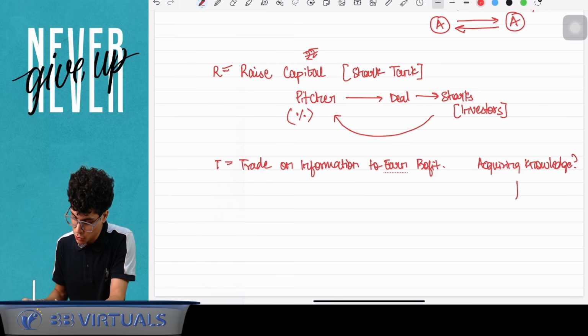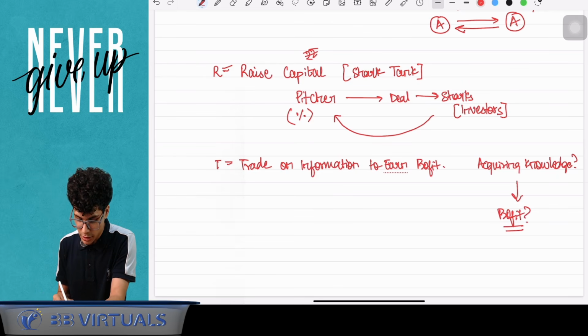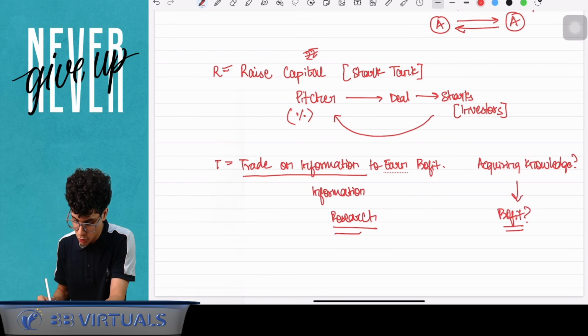So that we can use this to generate profit at a later point in time. The reason is that we can trade on information, we can use our brains to research so that we are able to earn a profit.